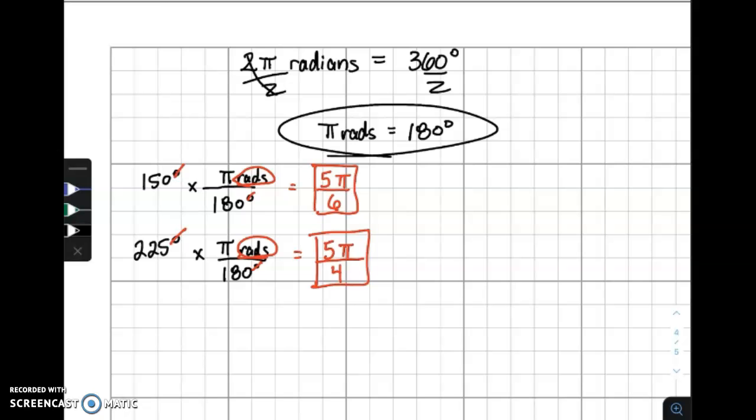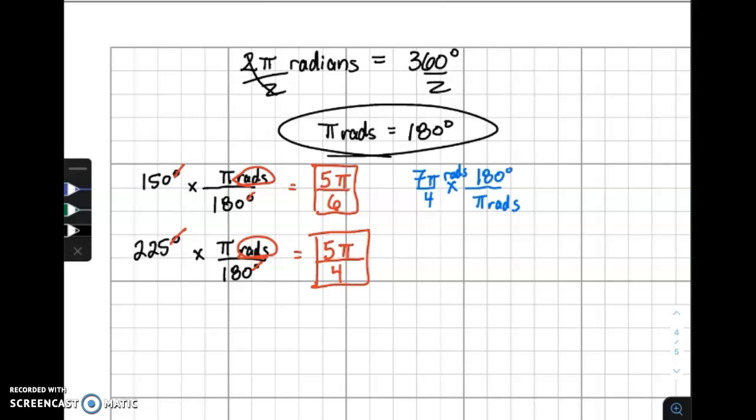Let's go the other way. So let's say I start with 7 pi over 4 radians. I know it's in radians because there's no degree symbol. So that means I'm going to want radians on the bottom of my conversion factor. So right now there's an invisible radians. It doesn't have to say it.